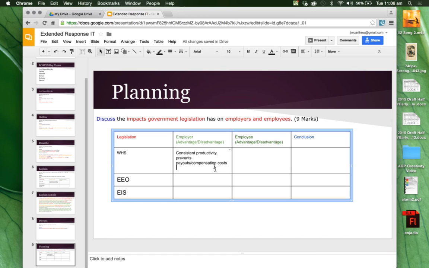So we've got consistent productivity. That's an advantage. It prevents payouts and compensation costs, definitely an advantage. Any other advantages? No? Okay, well let's go for the disadvantage. Now what I might do, just so we know what we're talking about here, so I'm just putting a little A at the beginning.